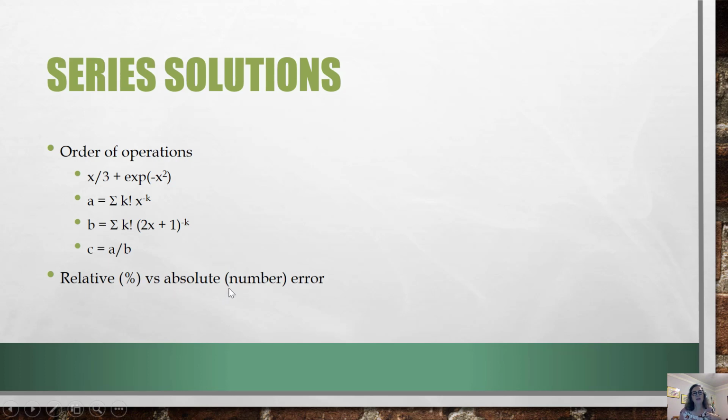The other thing that we talk about in these lessons is the difference between relative and absolute error. So on those specific gravity measurements that we took in Lab 0, I asked you to give me a number. So that would be an absolute error.